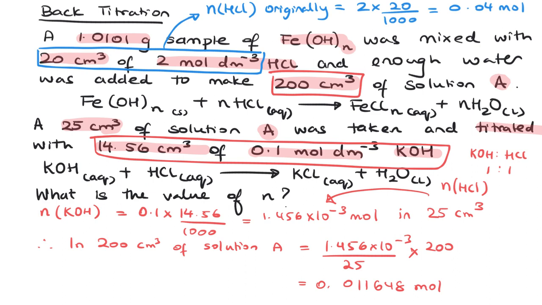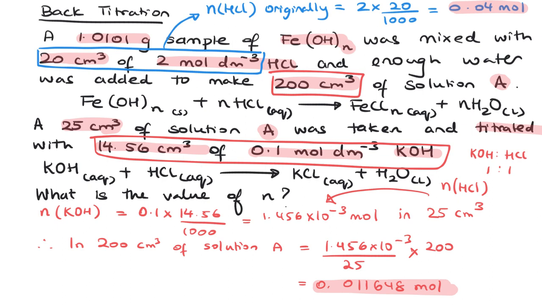That means the number of moles that would actually react with this iron hydroxide compound, which is a solid, will be the original number minus the number that reacted with KOH.